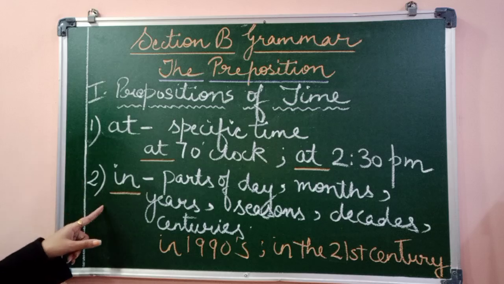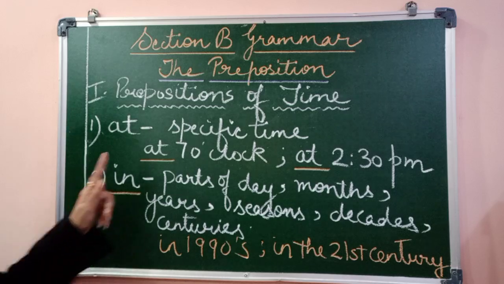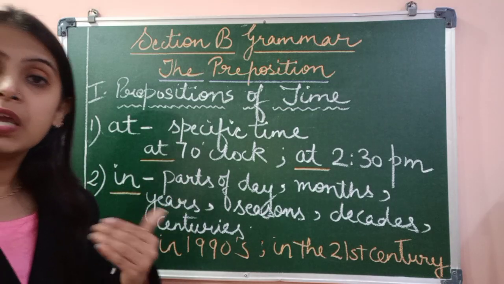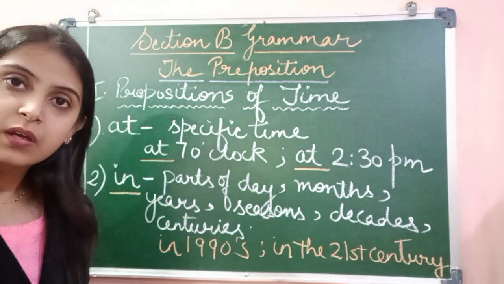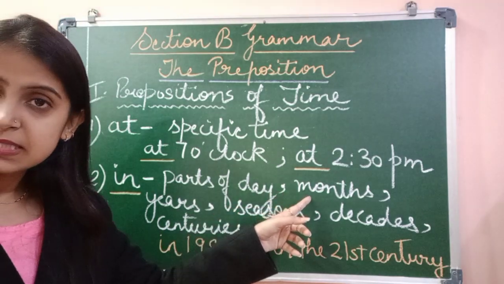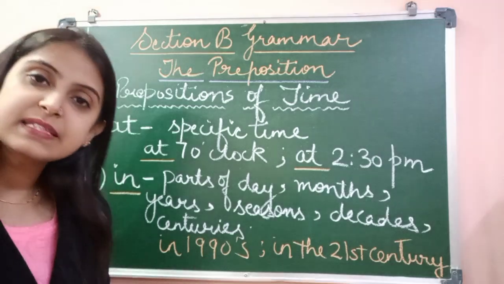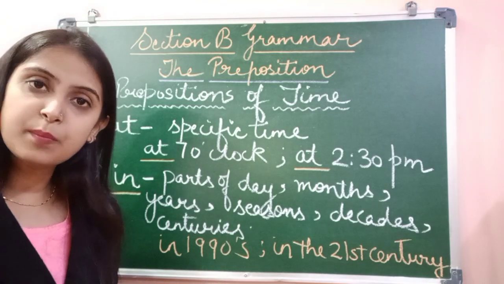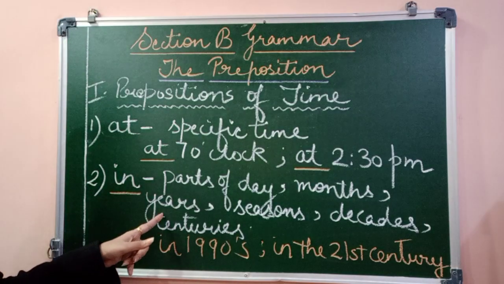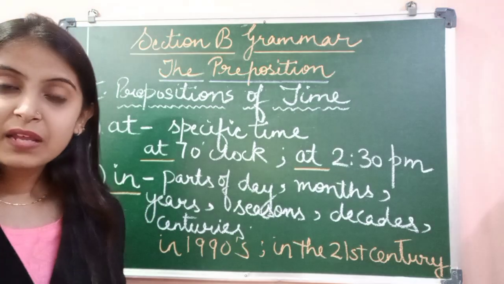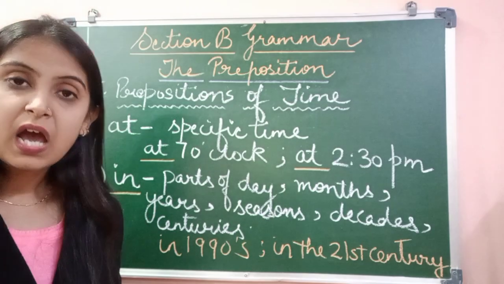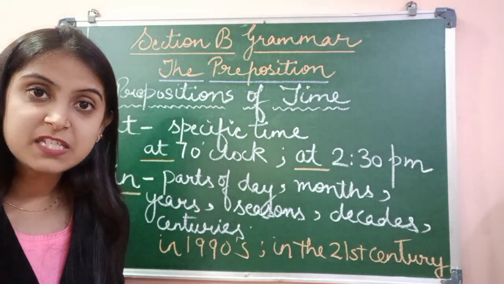I repeat again, preposition in is used with parts of the day: in the morning, in the afternoon, in the evening. With months: in January, in December, in June, in March, etc. With years: in 1947, in 1950, I was born in 1994.